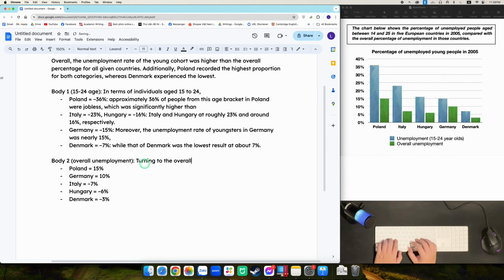Turning to the overall unemployment rate. First of all, I'm gonna group these two countries together.